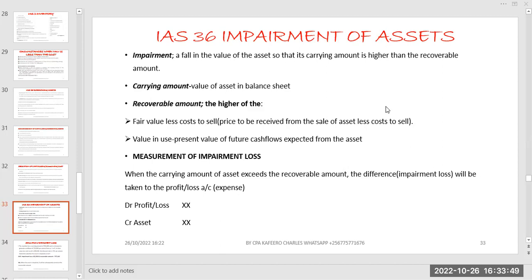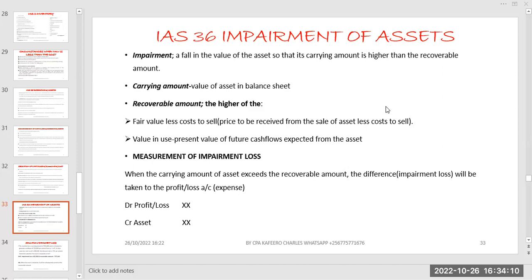Having known the items that are supposed to be out of the scope, maybe the last one I can talk about is the cash generating unit. We said these cash generating units are small identifiable groups of assets that can generate income on their own.